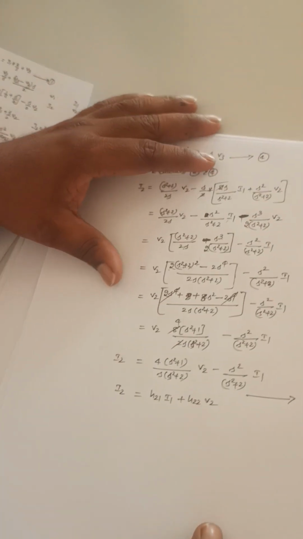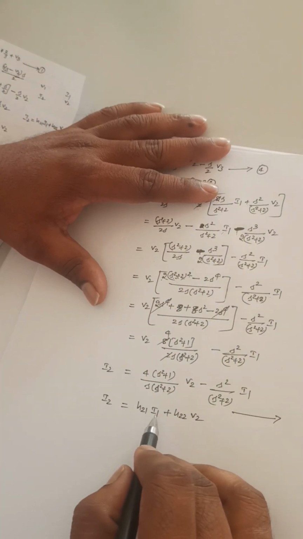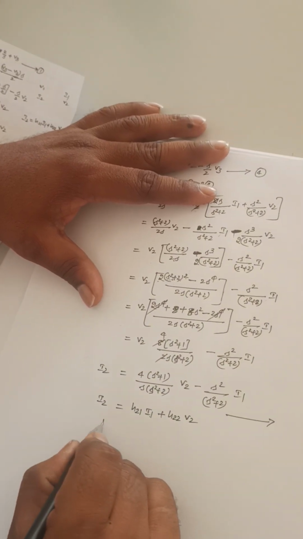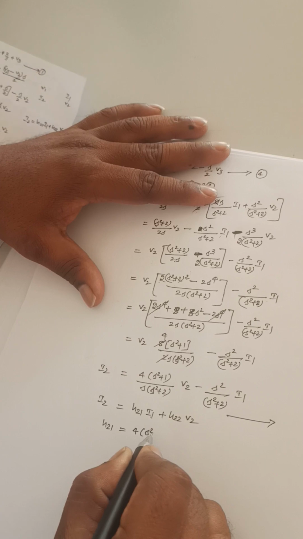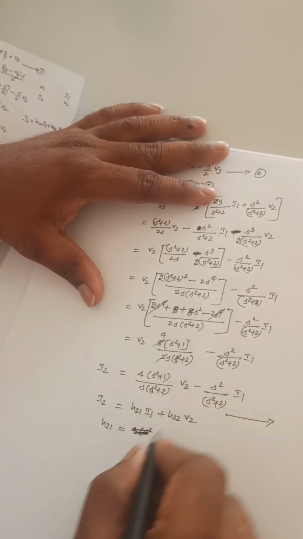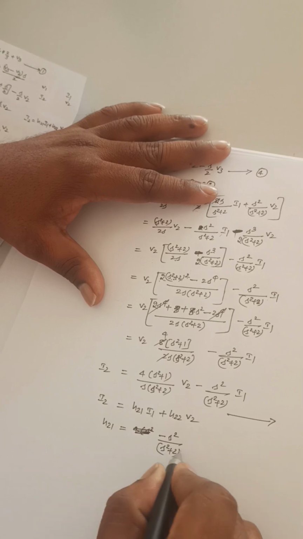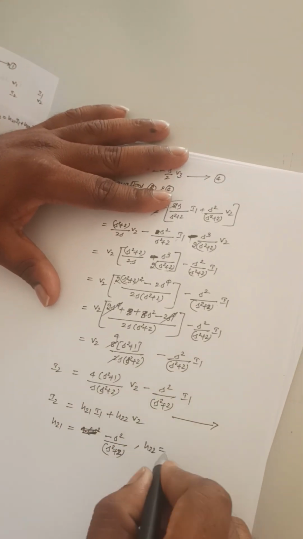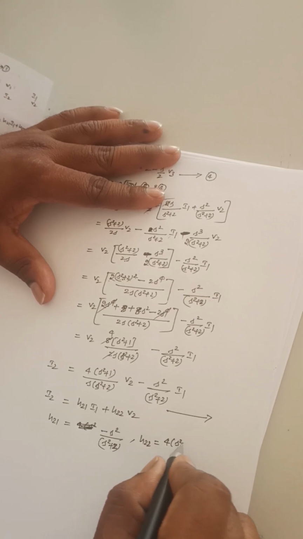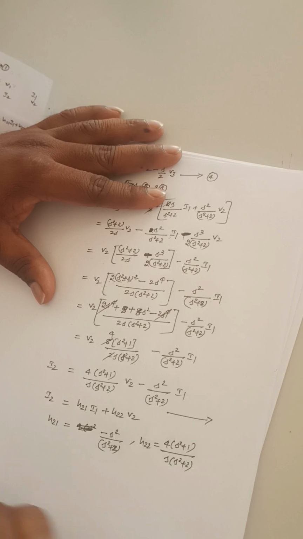Okay, so if I compare this equation with this equation, then h21 is equal to this one, minus S square divided by (S square plus 2), and h22 is equal to this one, that is 4 into (S square plus 1) divided by S into (S square plus 2).